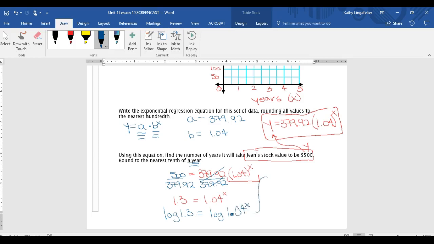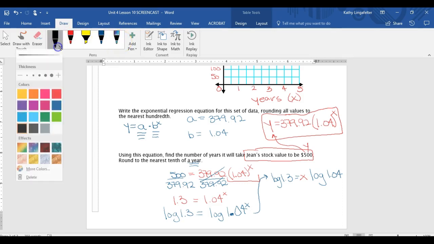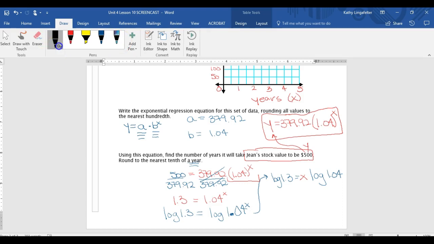At that point, I can move the x from the power spot to the coefficient spot, and I'm going to be able to solve. Because x is a coefficient, coefficients are connected with multiplication, and to move multiplication, I divide by what is multiplied.